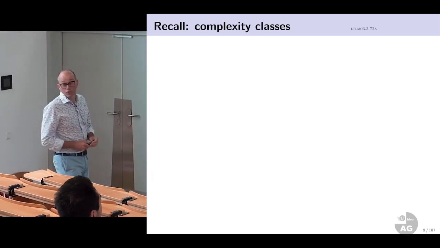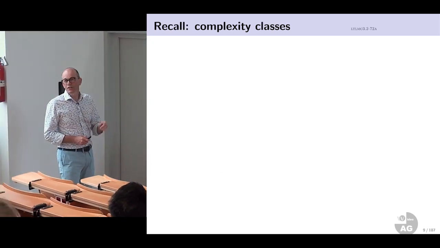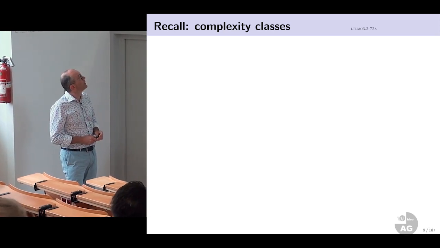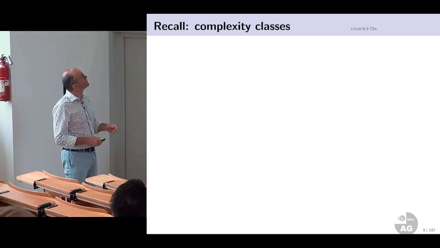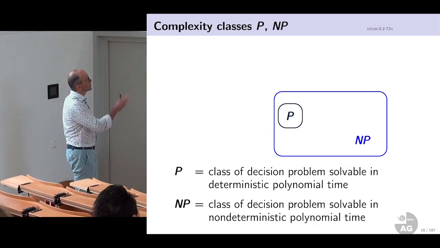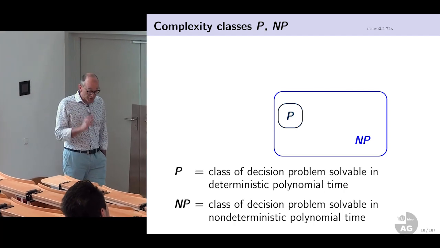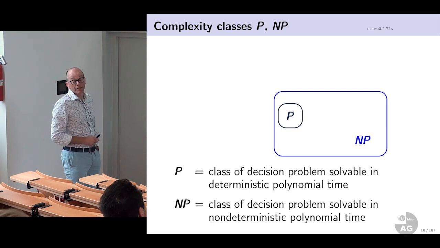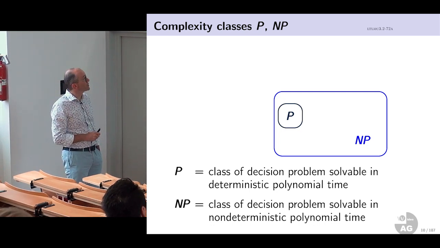So let's do a brief reminder of complexity classes. I guess you're familiar with this from the lectures on computability and complexity. So here we're talking about the problems that are decidable, and those decidable problems can be categorized in several complexity classes.